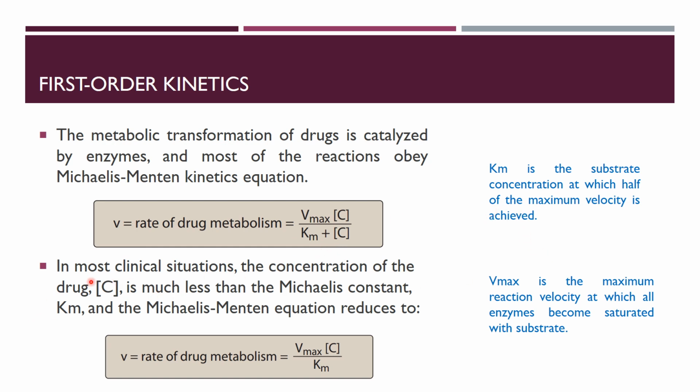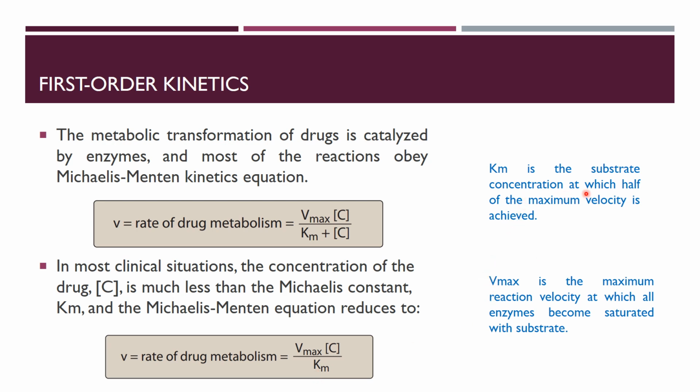In most clinical situations, concentration of the drug C is much less than the Michaelis constant Km, and the Michaelis-Menten equation reduces to V, the rate of drug metabolism, is equal to Vmax times C divided by Km.